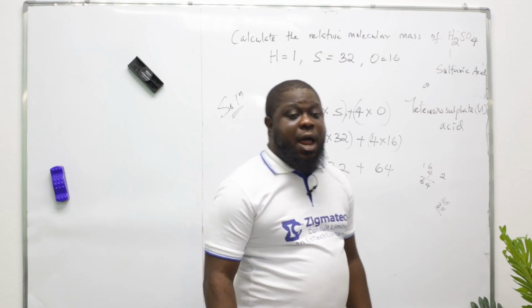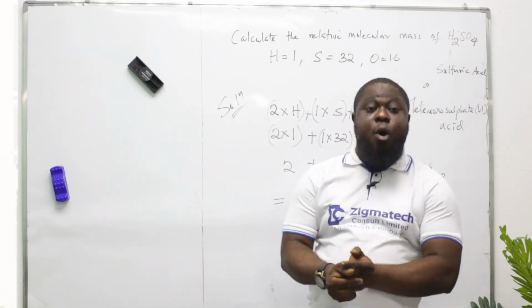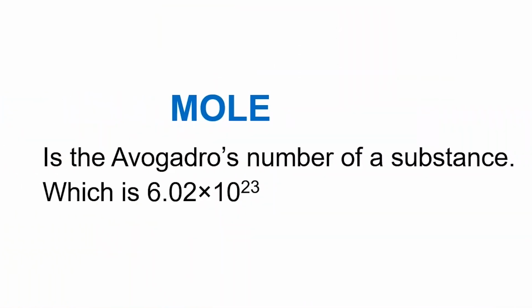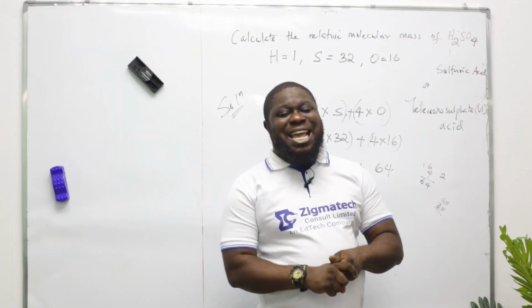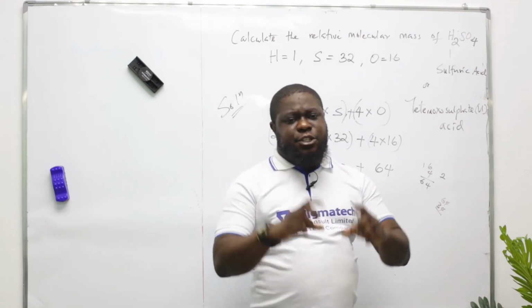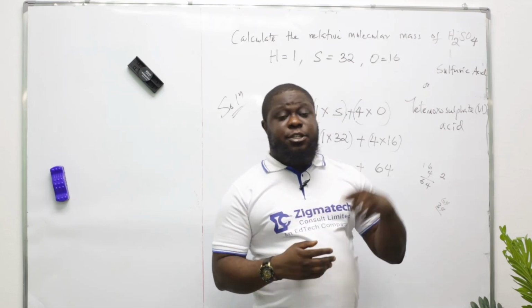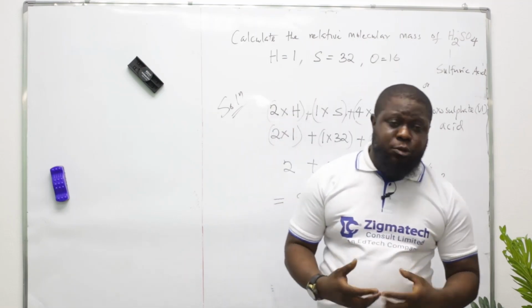Now, all these things are being done because we know about moles. Let's go to moles. A mole is the Avogadro's number of a substance, and the Avogadro's number is 6.02 times 10 raised to the power 23. In essence, it is the number of particles in a substance. The substance there can be a compound or an element.